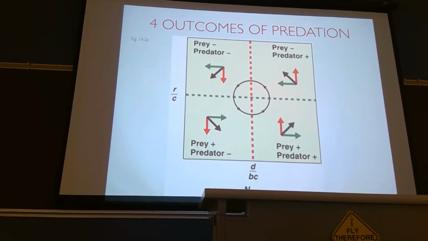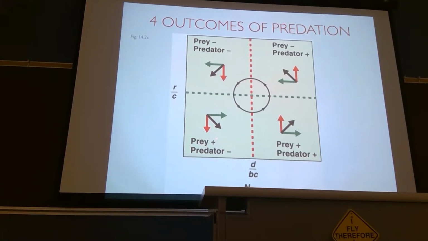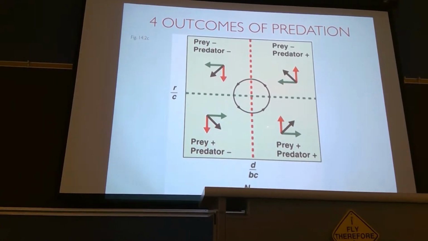If we start over here where the prey is relatively low and the predators are also relatively low, the prey then can increase because there's not much predation. And the predator will continue to decrease because there's not a lot of prey. So at this point in time, the predator is declining, the prey is increasing.